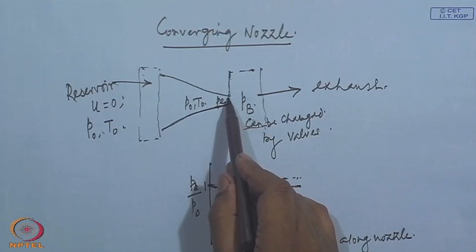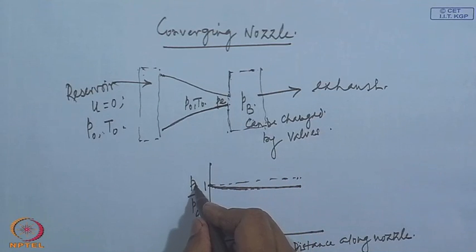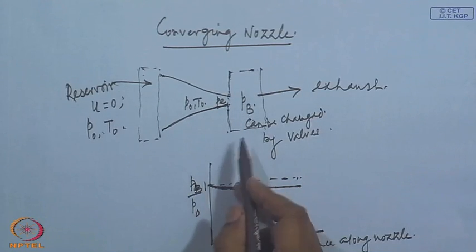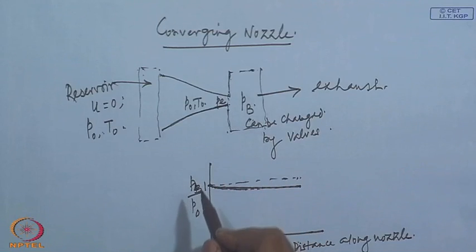Since the exit flow is subsonic, P_e must be equal to P_b. However, due to certain viscous effects there might be a slight variation, which is practically negligible.